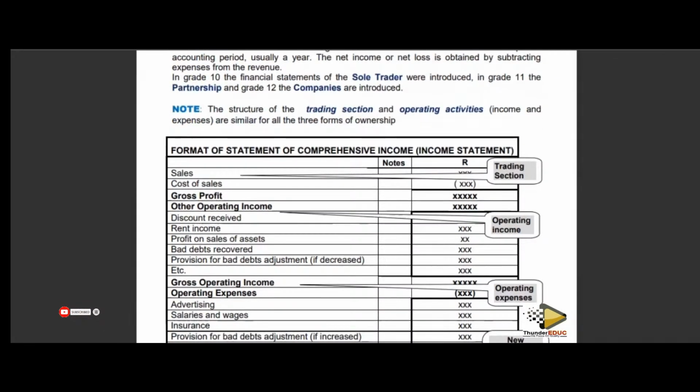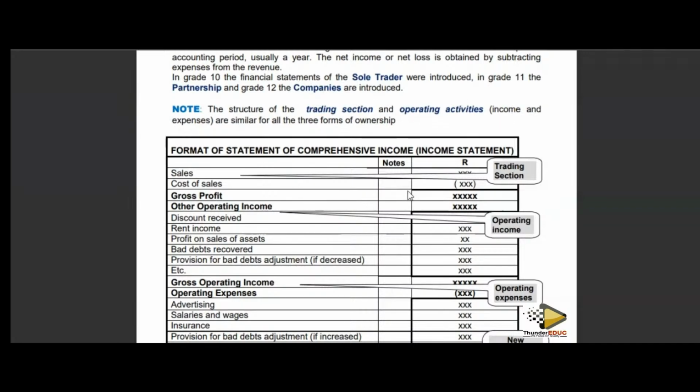Right. Now, when we go down here in our income statement, here they are reminding you that in grade 10, you prepare the financial statements for a sole trader. Then in grade 11, partnerships, and then in grade 12, we do companies, as I've explained already.